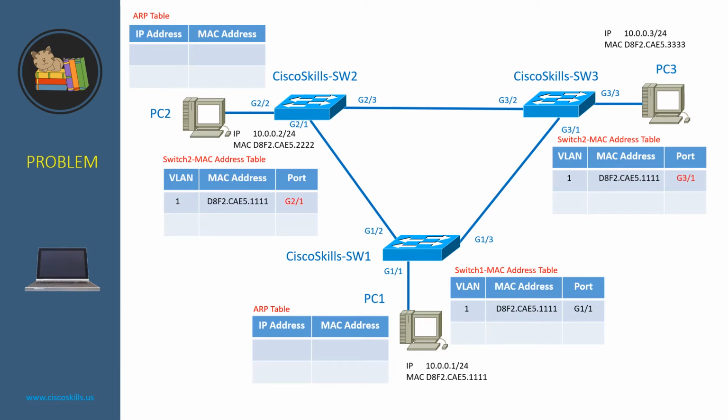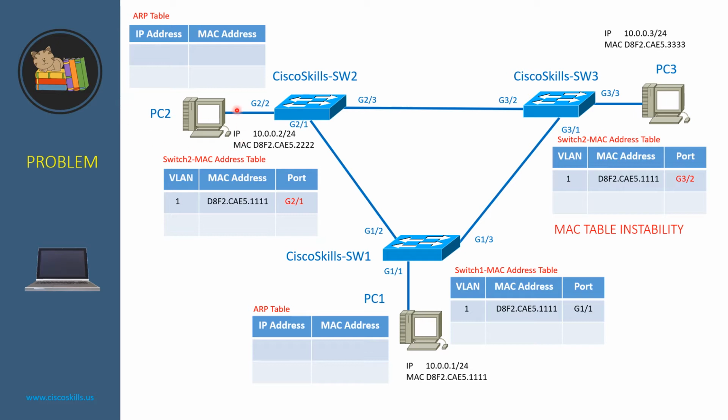Now, let's pay attention to switch 2. When switch 2 receives the broadcast frame from switch 1, it will forward the frame to PC2 and switch 3. When switch 3 receives the broadcast frame from switch 2, it has to again update its MAC address table, which causes the MAC table instability.